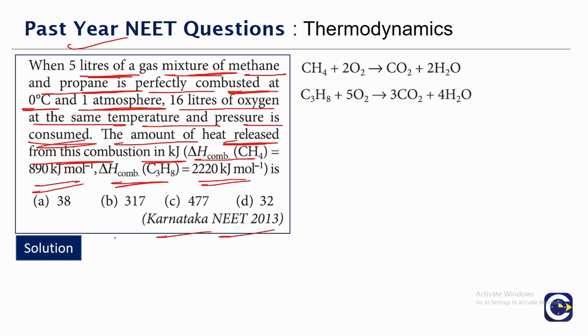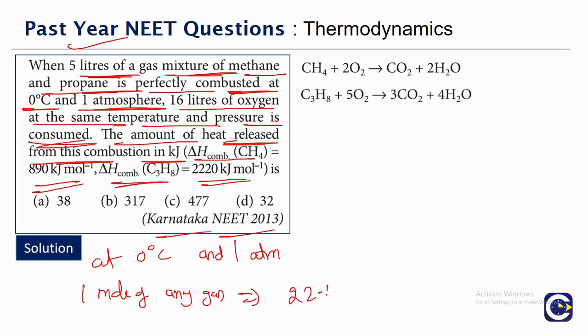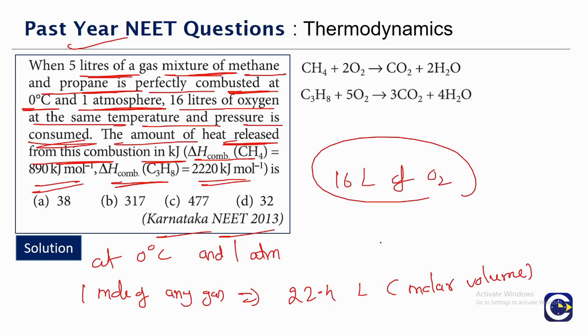At 0 degrees Celsius and 1 atm pressure, 1 mole of any gas will occupy 22.4 liters. What do we call this? We call it molar volume. So if 16 liters of oxygen is given, we can find out the number of moles of oxygen.